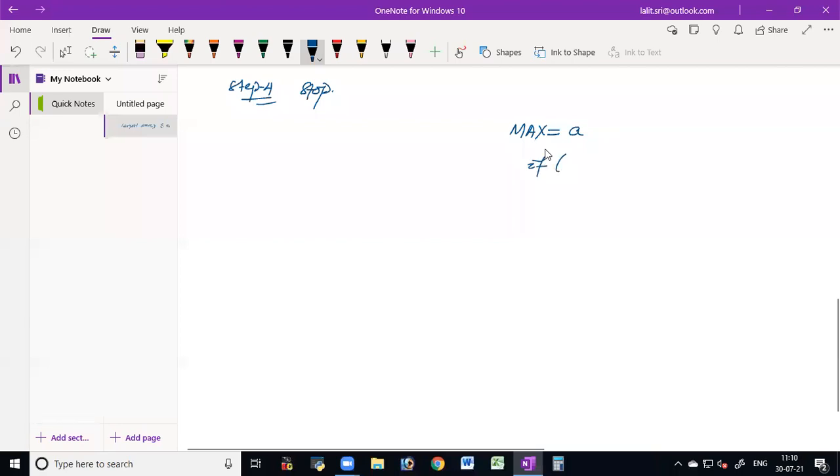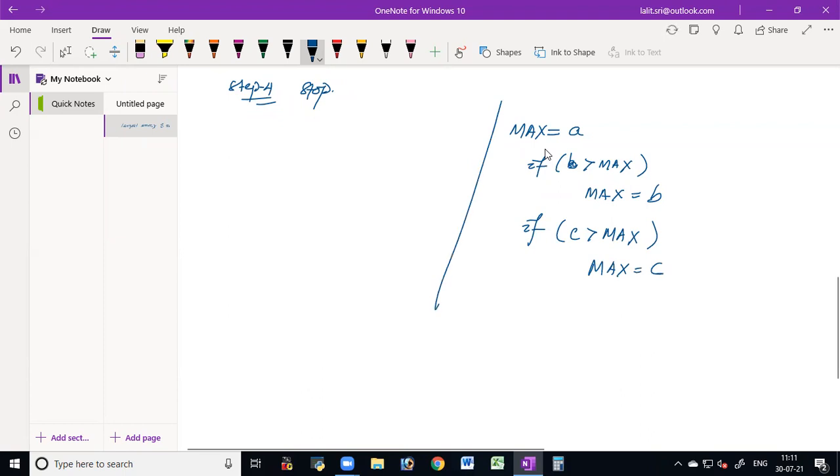So if I will check, sorry, B is greater than max, max equal to B. If C is greater than max, then max equal to C. Finally, display max.